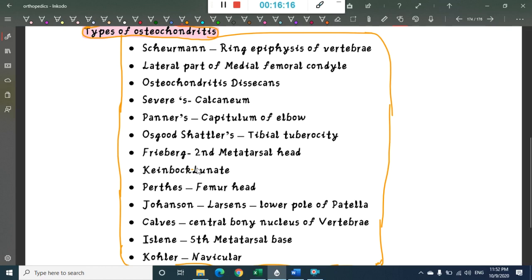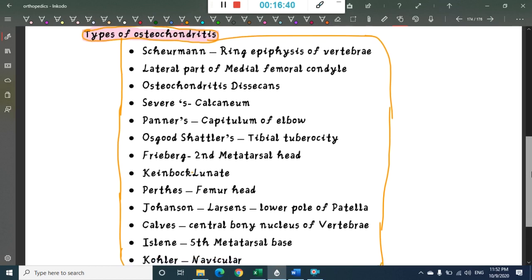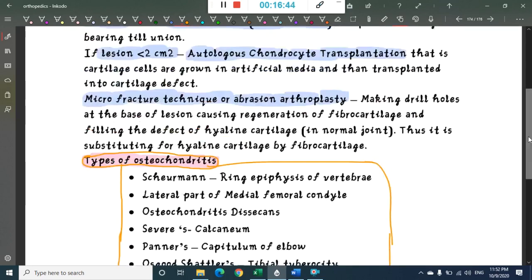In the femoral head, Perthes disease. In the lower part of the patella, Sinding-Larsen-Johansson disease. In the central bony nucleus of vertebrae, Calve's disease. In the fifth metatarsal bone, Iselin disease. In the navicular bone, Kohler's disease. So these are the different types of osteochondritis.